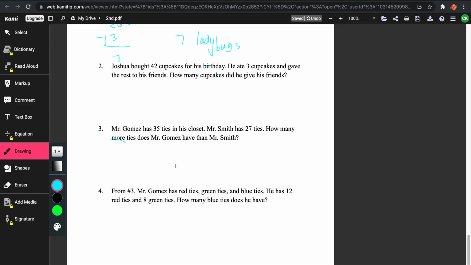So what we would do is 35 minus 27, because we're trying to see how many more Mr. Gomez has than Mr. Smith. 5 minus 7, that doesn't work, so we're going to borrow, and then it's going to be 15. 15 minus 7, that's 8. 2 minus 2, that cancels. So how many more ties does he have? It's actually going to be 8 ties. So yeah, there we go.